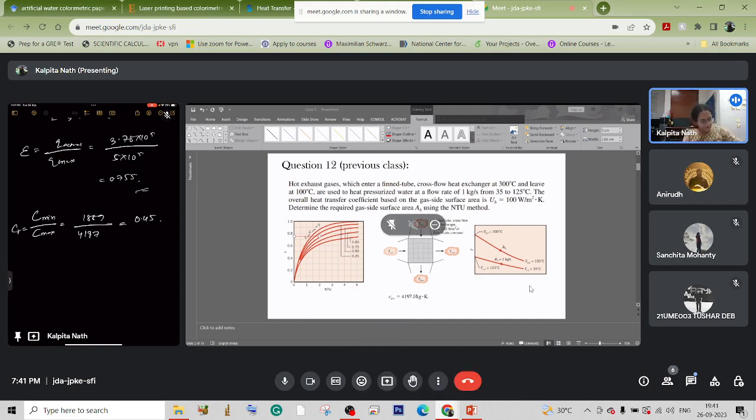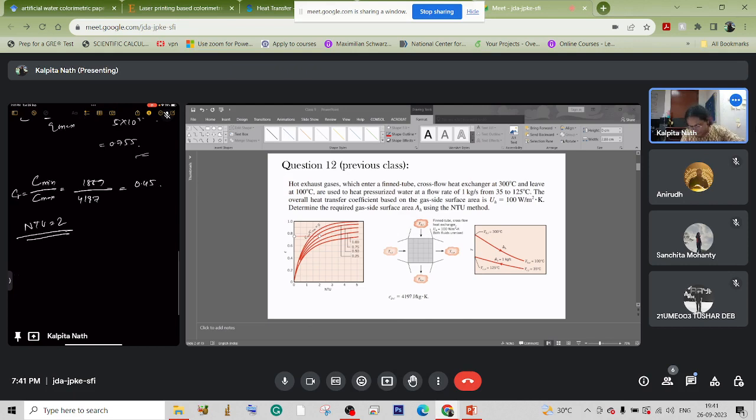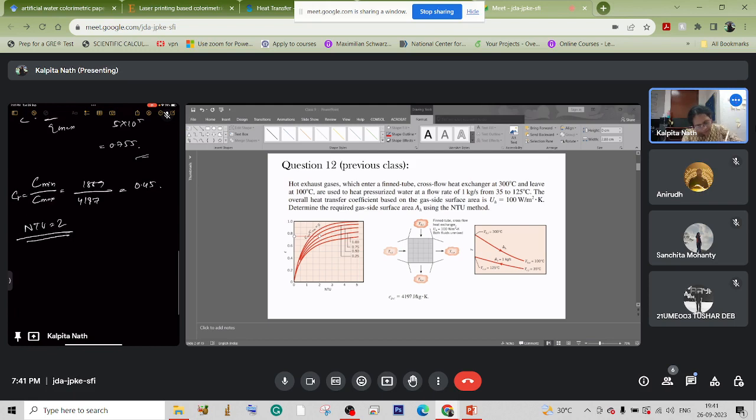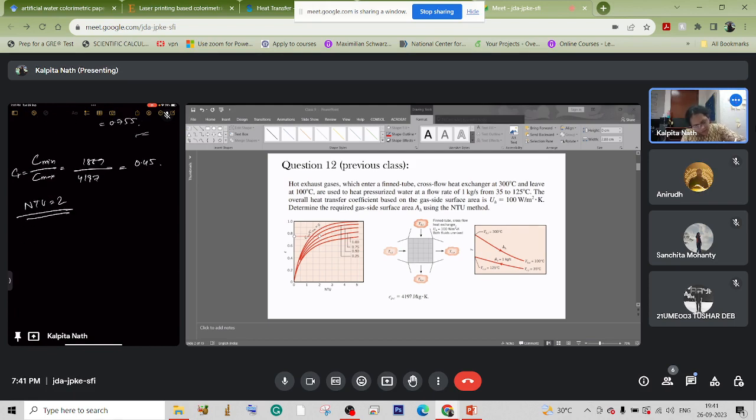We found this out from the graph. So NTU is 2. Now, what is NTU? We already know. NTU means overall heat transfer coefficient into heat transfer area, divided by minimum heat capacity. So this is 2.